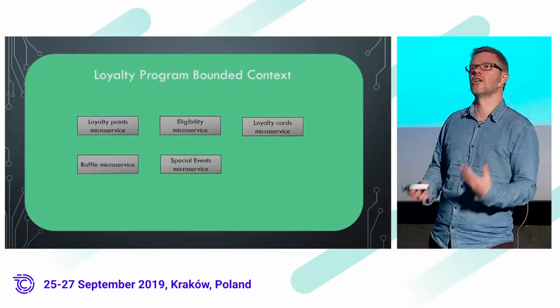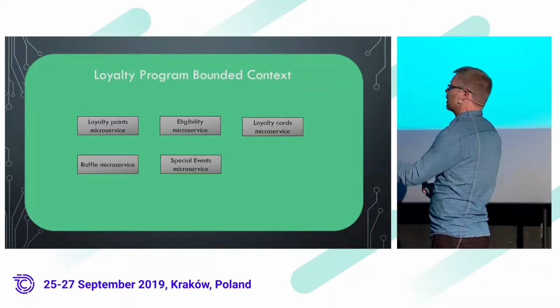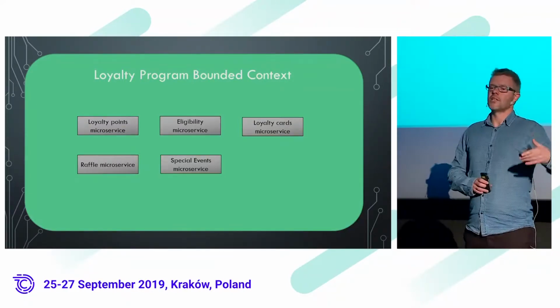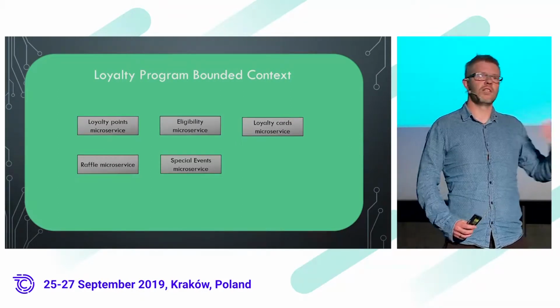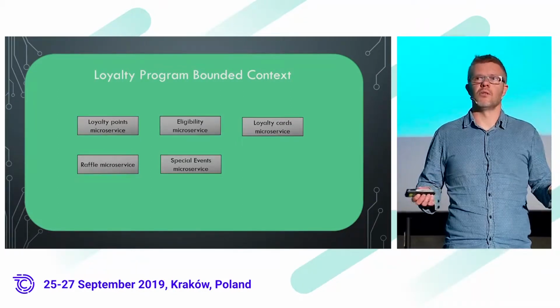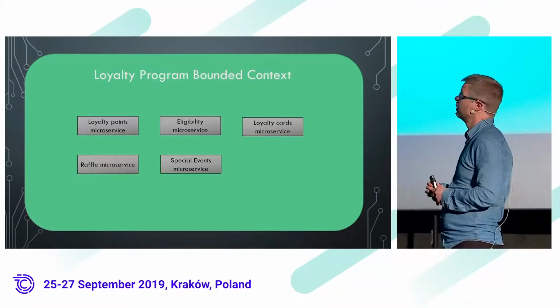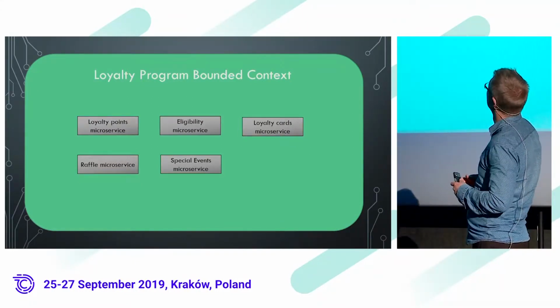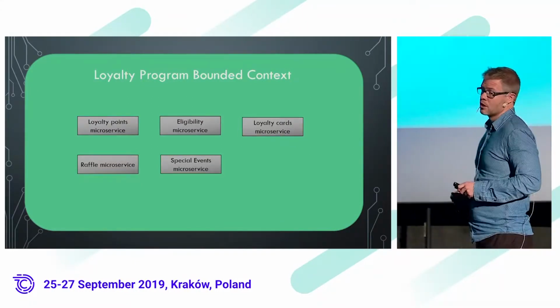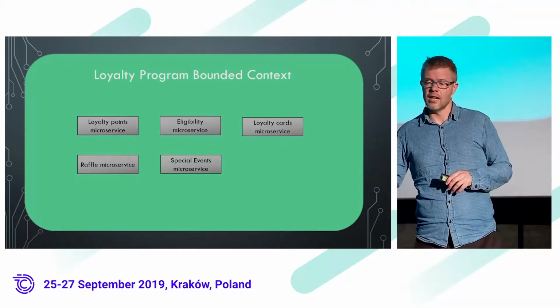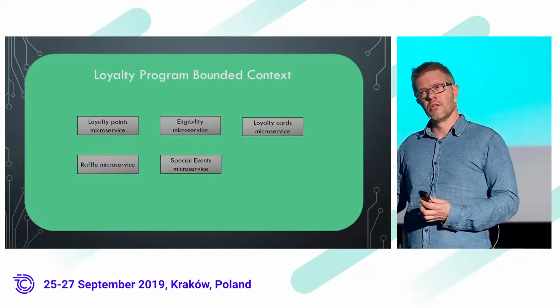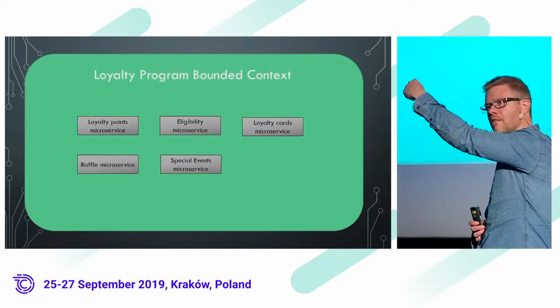So there's some business logic around when I buy something, how many points do I get? But there's some other business logic that says when there is a special offer, am I eligible for that special offer or not? And so on and so forth. One thing we can notice as well in this picture is that I have a loyalty card microservice, but I had 2 bullets on the previous slide.